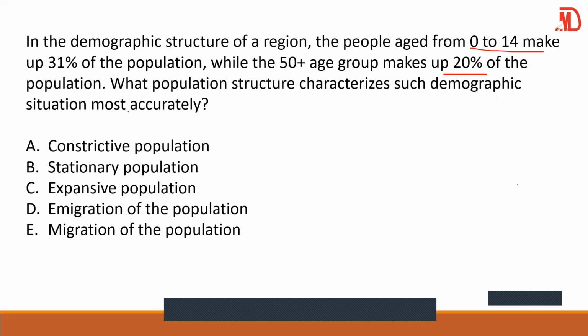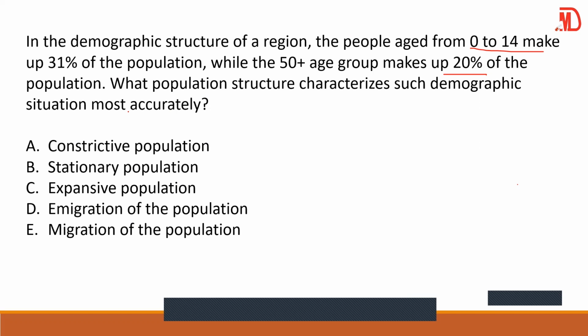Okay, so it shows a larger number or percentage of the population in the younger age groups, usually with each age group smaller in size or proportion than the one born before it. Now, if you talk about a constrictive population, we are dealing with a pyramid that has more of the people being in the old age, more elderly people.